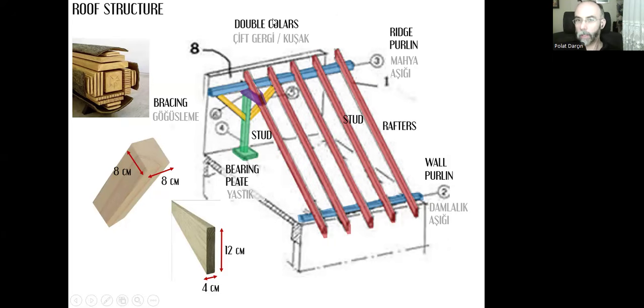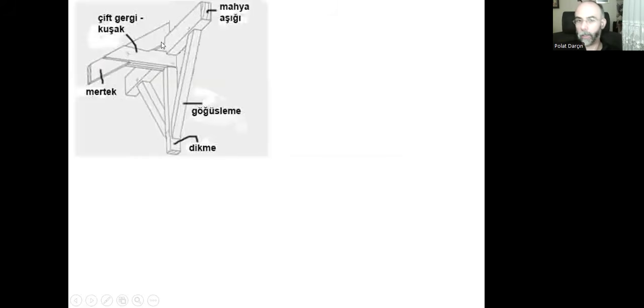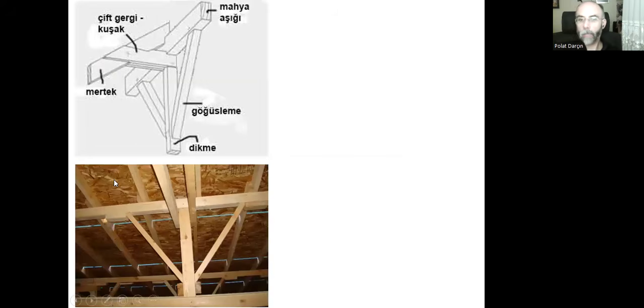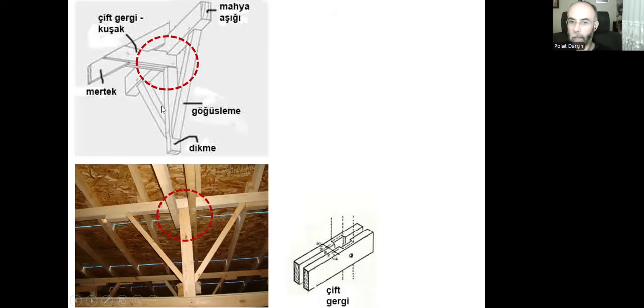So these double collars or one collar will connect that rafter, this purlin, and the stud, the three of them, like this. We can use bolts. That's an example for an intermediate purlin. That's the stud. These are the collars, and these are the bracings to help with the load transfer. That's how we can connect them.